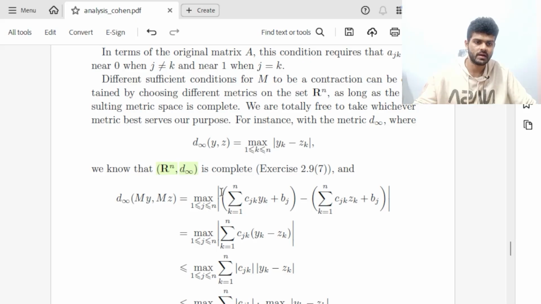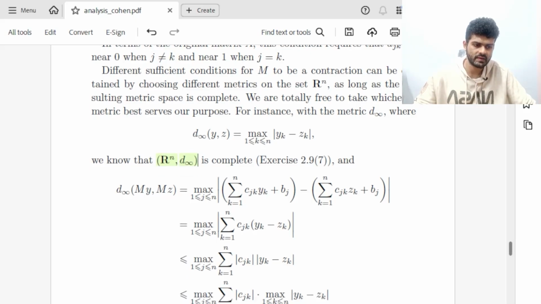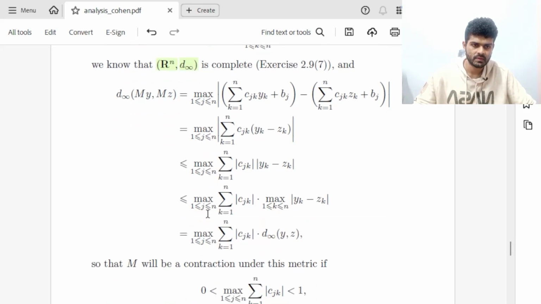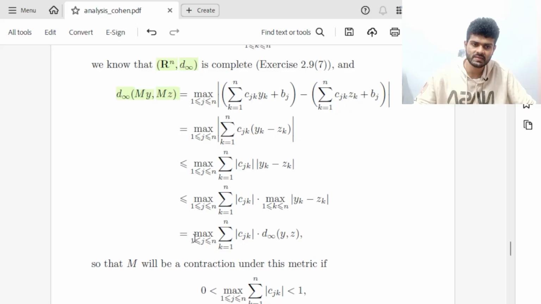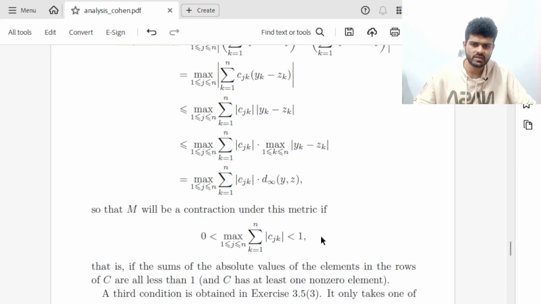And you can derive some other inequality, where the distance in the infinity metric is bounded above by something like this, with a maximum times d infinity of y. If that maximum of the sum of the cjk is less than 1, then again you get a contraction mapping, and then there's a fixed point. So this is another condition that you can check.